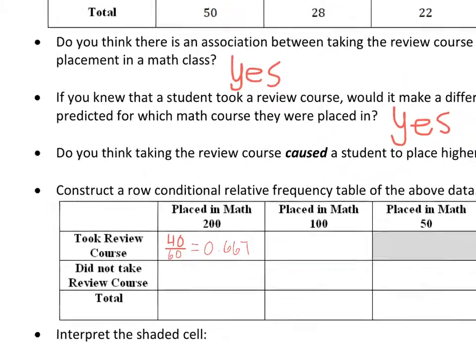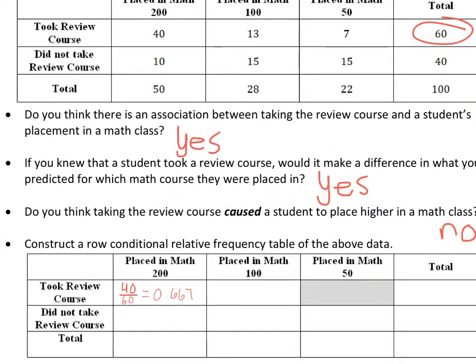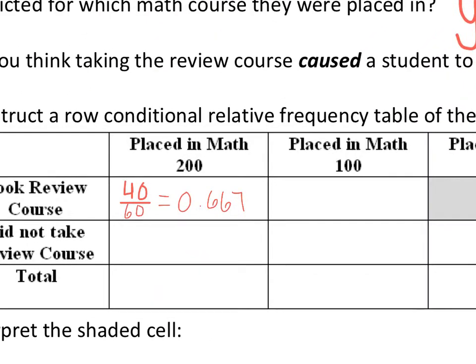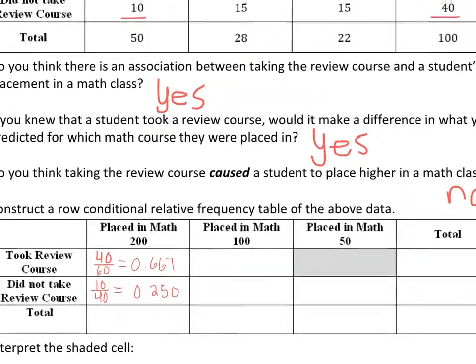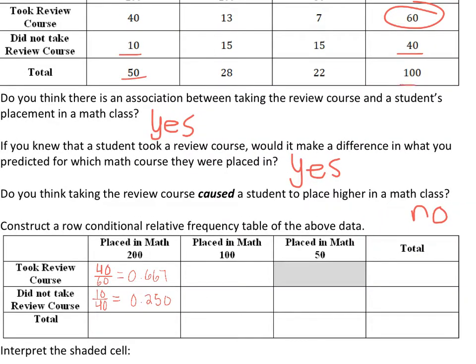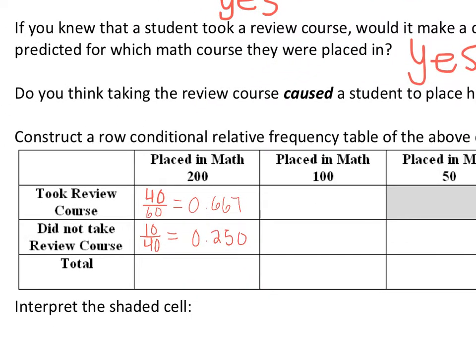Students that did not take the review course, we have 10 out of 40. So 10 out of 40, which is 0.250. And then our total, we have 50 out of 100, which equals 0.500.